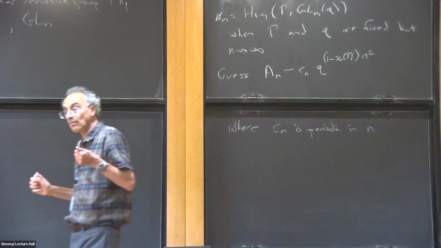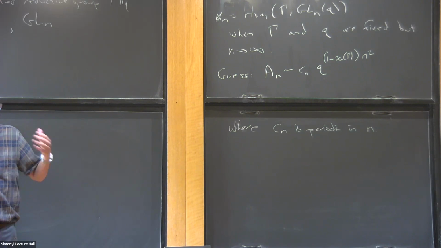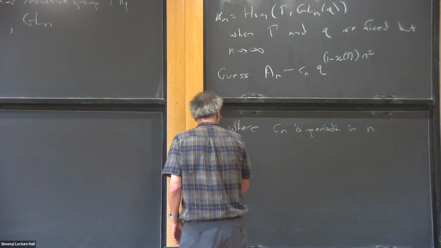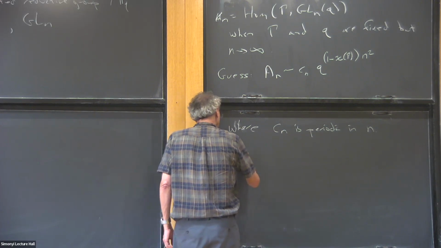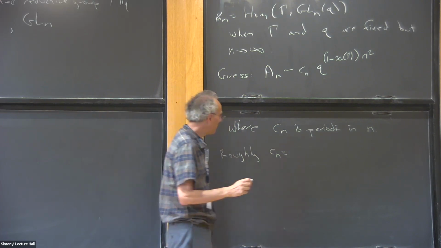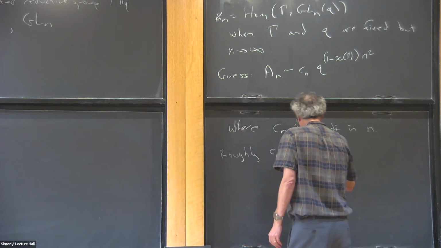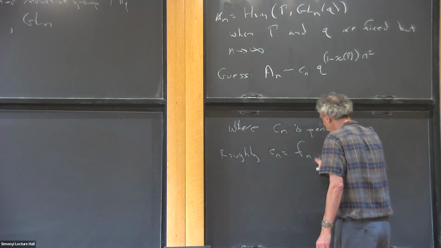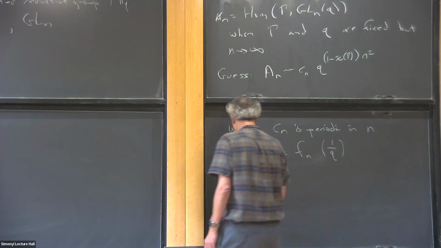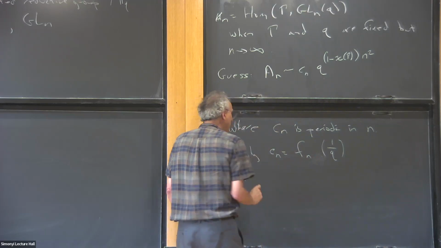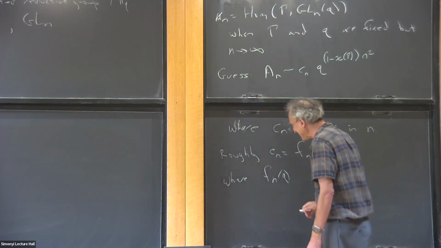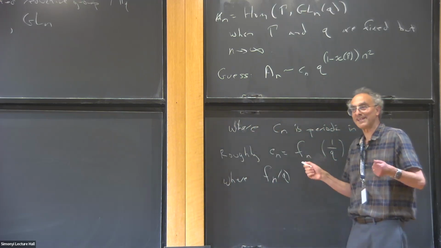And in fact, one hopes for more, that one can actually say something about the structure of Cn. So roughly, Cn should be given by a formula like this, Fn of 1 over Q, where Fn of Q, this is this terrible thing that Q has two meanings.